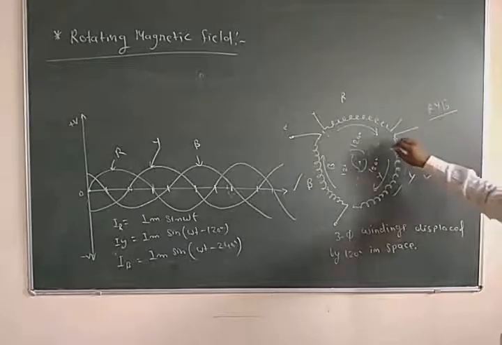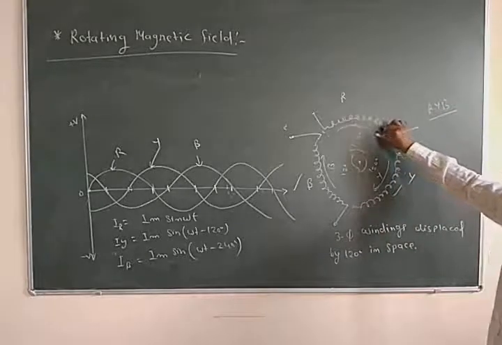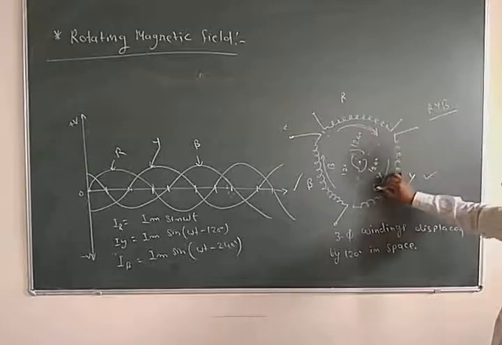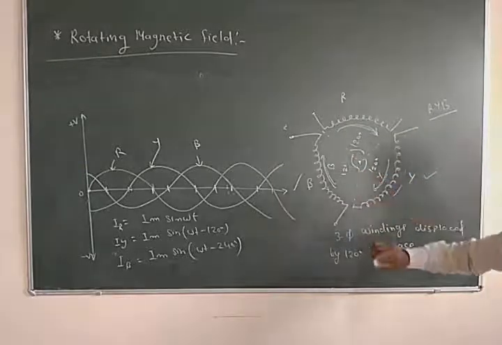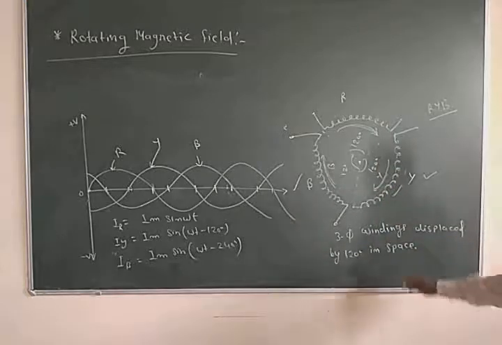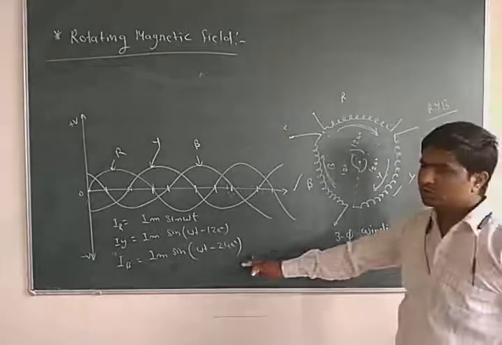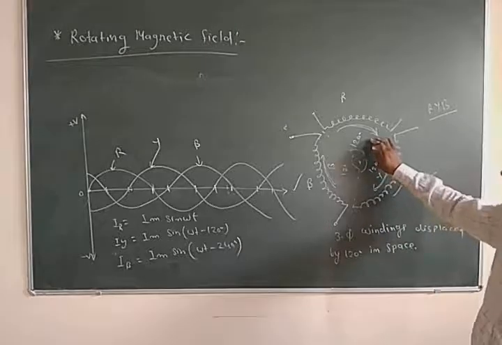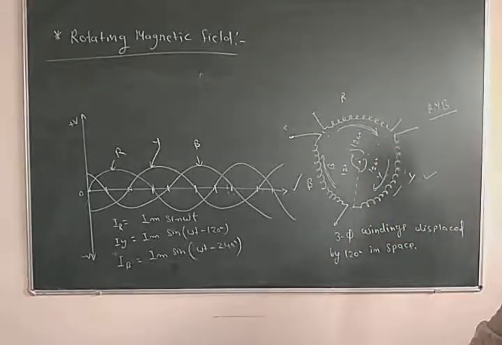Now the speed of this magnetic field is equal to synchronous speed. So this magnetic field is seen in the air gap as a rotating magnetic field.